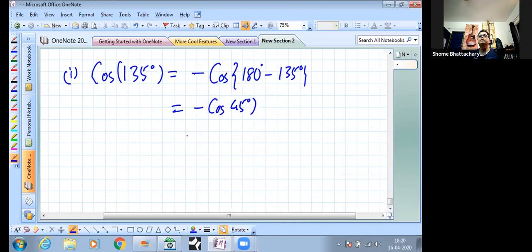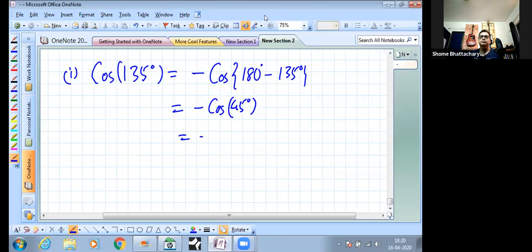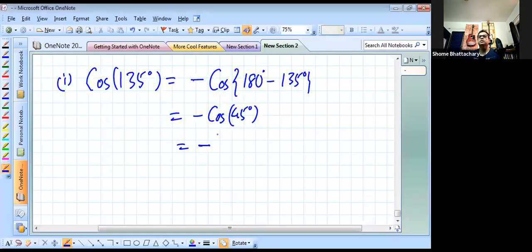And cos 45 you know is 1 by root 2. So minus of that becomes minus 1 by root 2. So this is minus of cos 45, so this is minus 1 by root 2. So that becomes the answer to the first part.